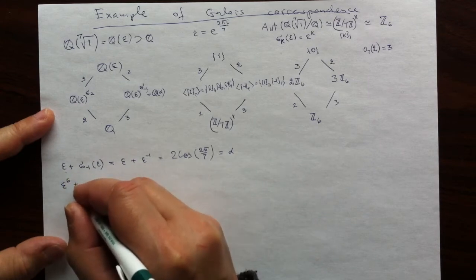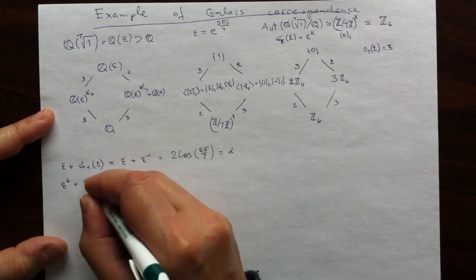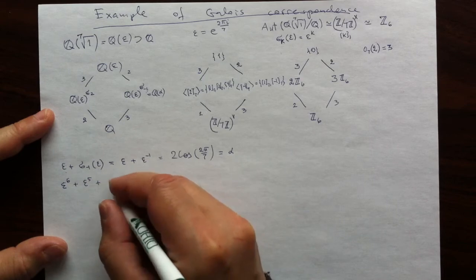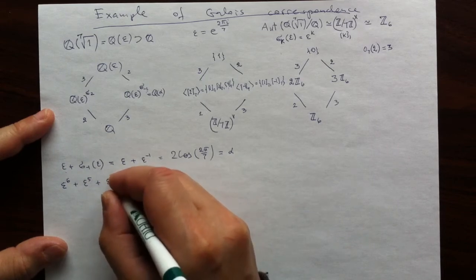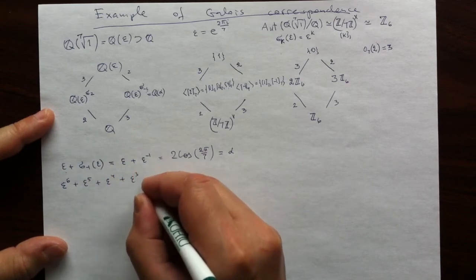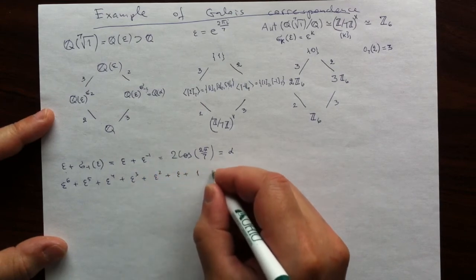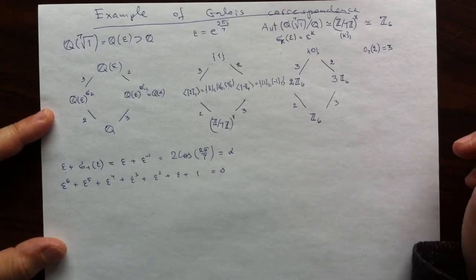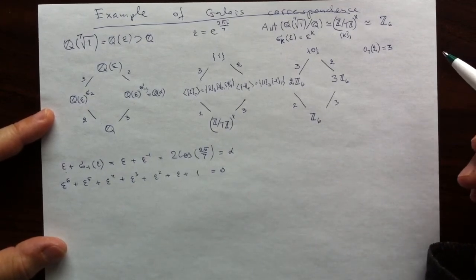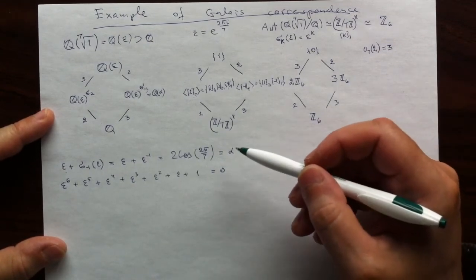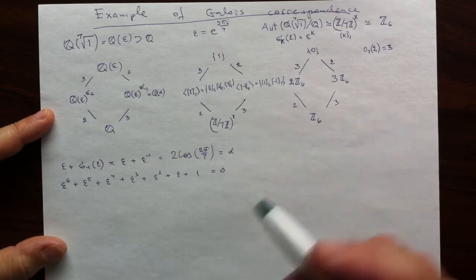And that is, 7 is a prime, so that is the sum of all powers from 6 down to the 0th power of epsilon, the square and the first power and 1, and it's all equal to 0. And I will use it to find the minimal polynomial of alpha.